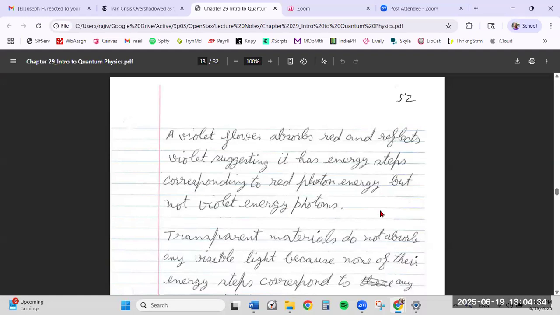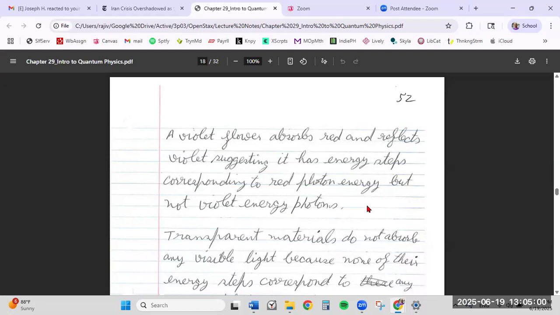So a violet flower will absorb all the reds and reflect all the violets. That's why it appears violet. And what that suggests is that the material of that flower has energy steps which correspond to red photon energy, but not violet photon energy.